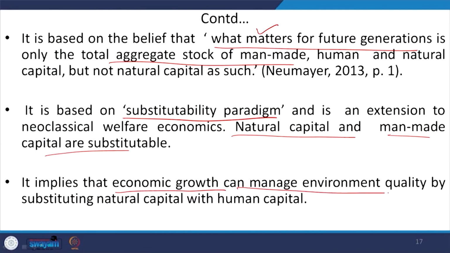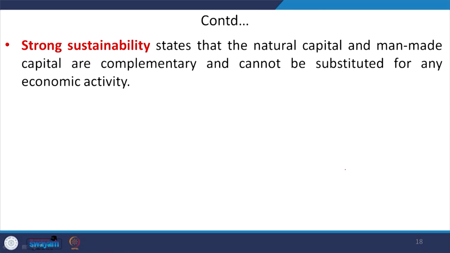So, it may imply that economic growth can manage environmental quality by substituting natural capital with human capital. So, if you believe in this weak sustainability, then we can say that economic growth can be substituted for this, or the environmental quality can be compromised for economic growth, because we believe that both of these are substitutes.